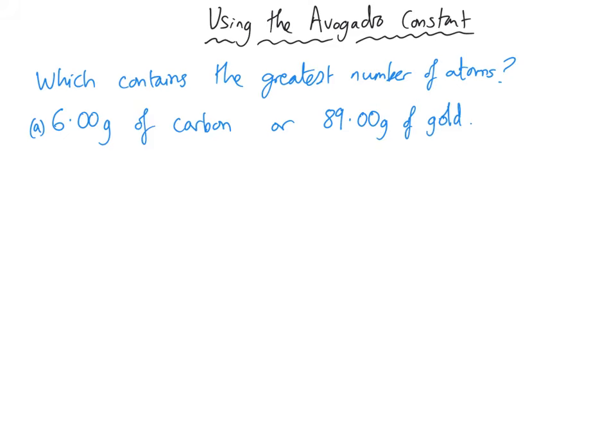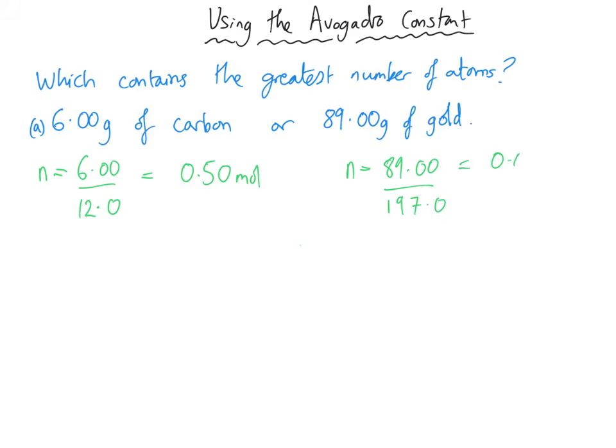Now, we need to know what the relative atomic masses of each of these is before we can do this calculation. And so the relative atomic mass of carbon is 12, so moles equals mass 6.00 divided by the MR, which is 12.0. And so that is 0.50 moles. And then for gold, moles equals mass divided by relative formula mass, which is 197.0, which gives us 0.45 moles.